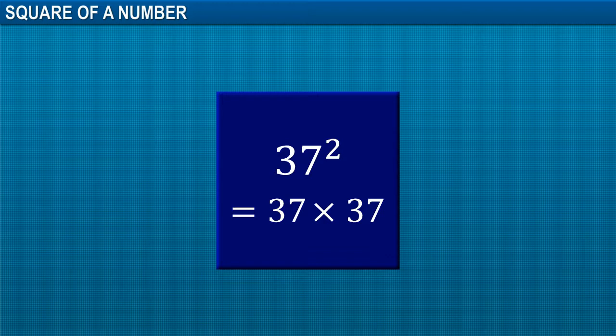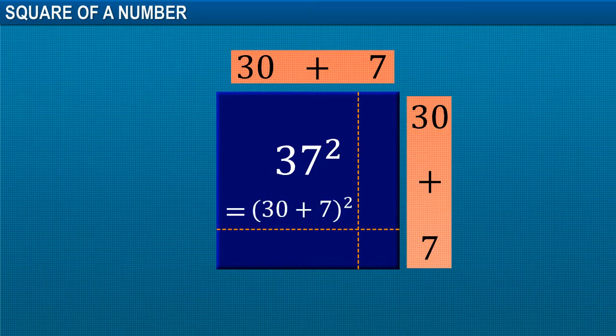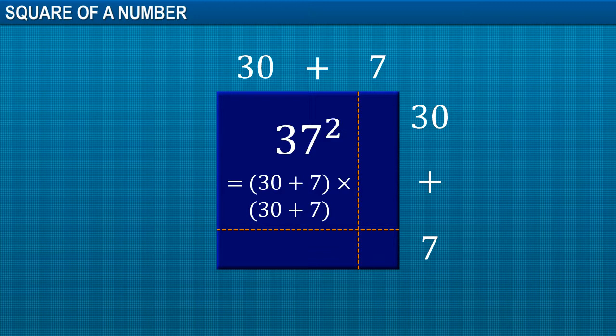We can simplify things if we write 37 as the sum of two numbers whose squares we can easily find, like 30 and 7. So, 37 square is equal to (30 + 7) whole square. This can be written as (30 + 7) into (30 + 7).